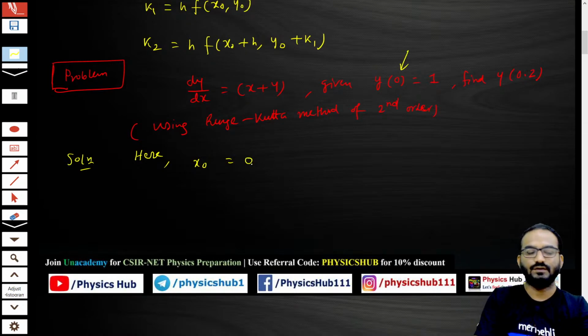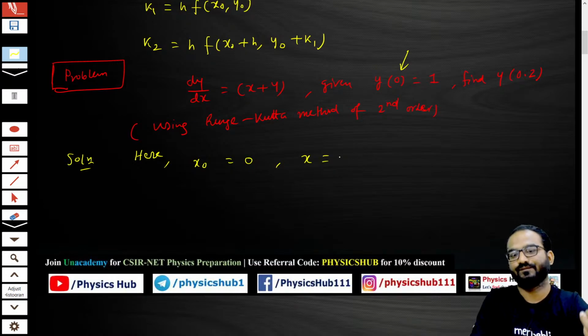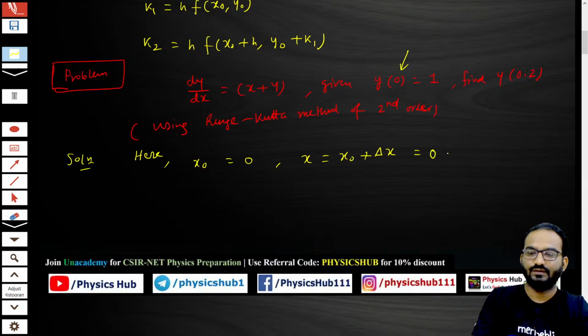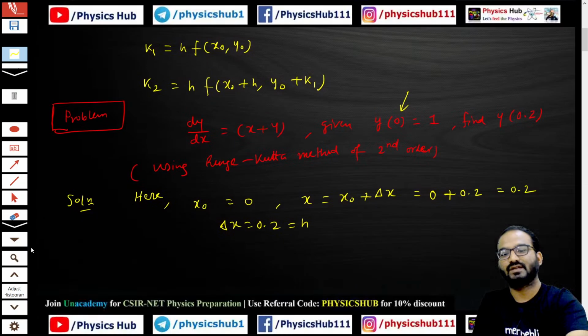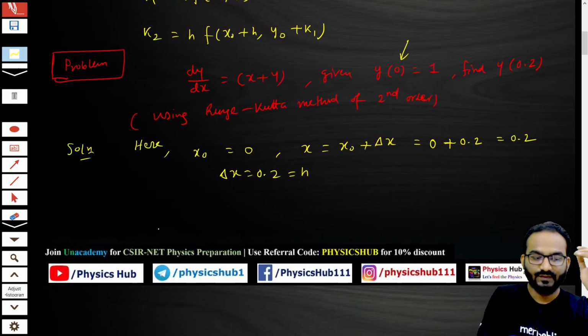So x naught is equal to 0 here, and the value of x, the point at which you have to find the value of y, is x naught plus delta x, so 0 plus delta x is 0.2. So x is equal to 0.2, delta x is equal to 0.2, and that is also h. You can see delta x is equal to h.